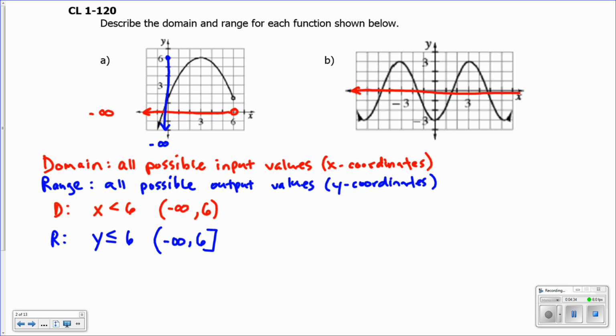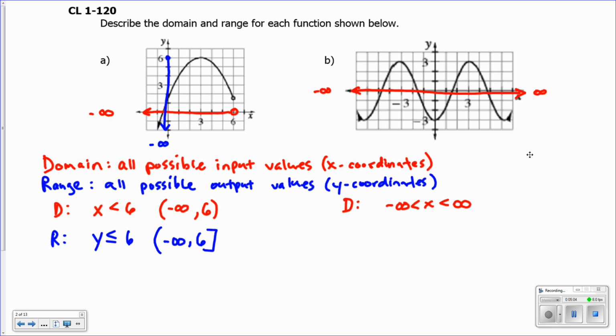And it goes on and on to the left and to the right. So you're approaching negative infinity out here, you're approaching positive infinity over here. If you wanted to write an inequality form, that would be negative infinity is less than x, which is less than positive infinity.